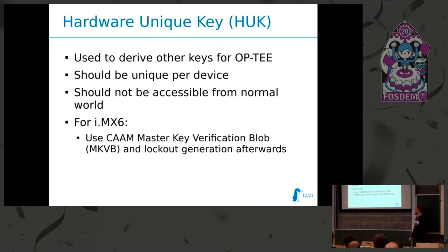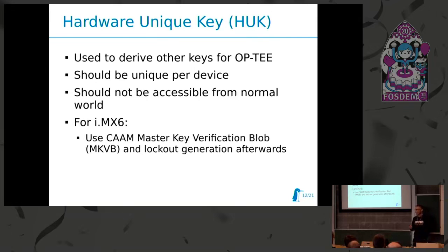For IMX6, we actually use a trick with the cryptographic acceleration and authentication module. There's something called the master key verification blob, where you can say, I want to do a hash over the master key, which is unique per device. And then we use this hash as the hardware unique key.